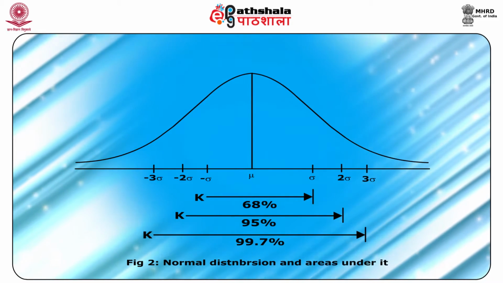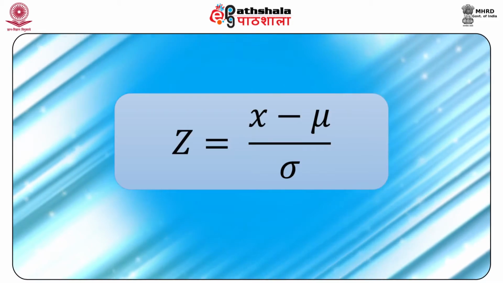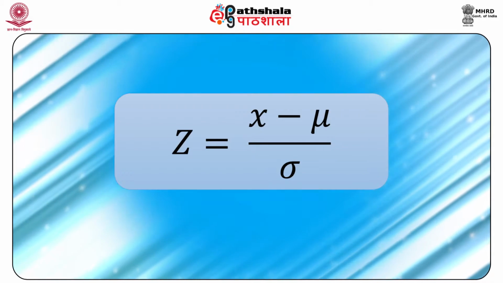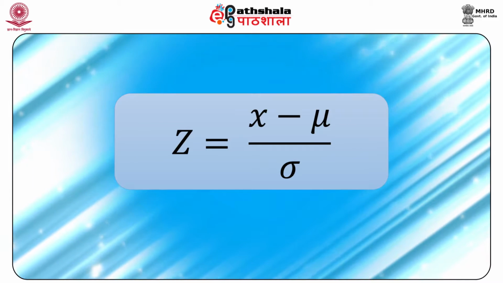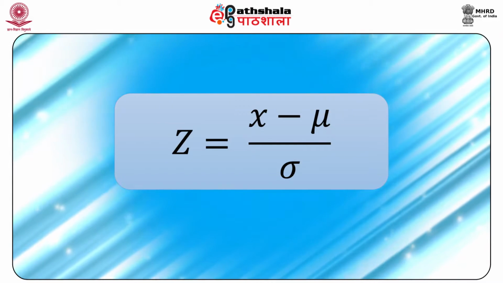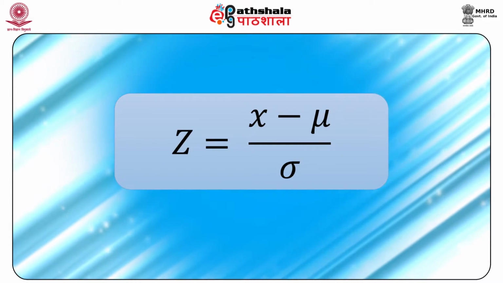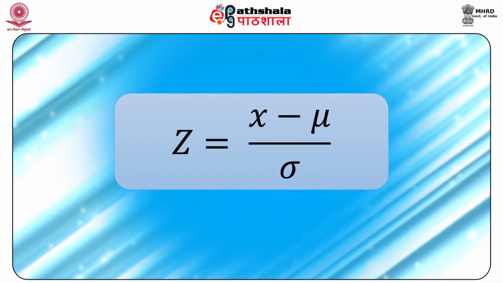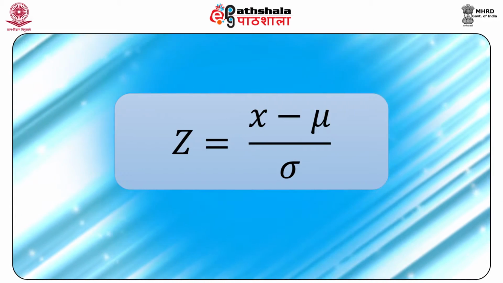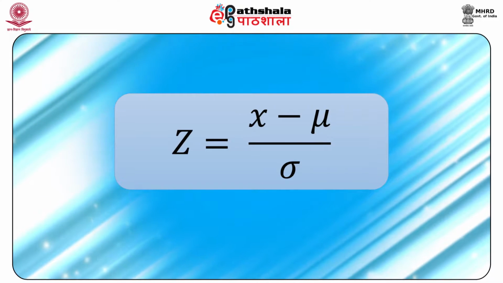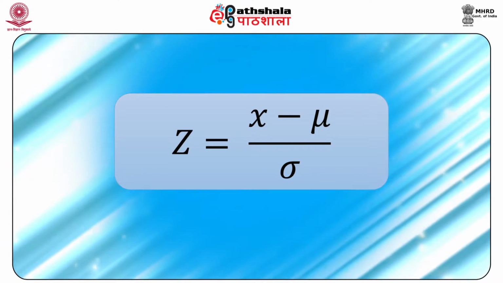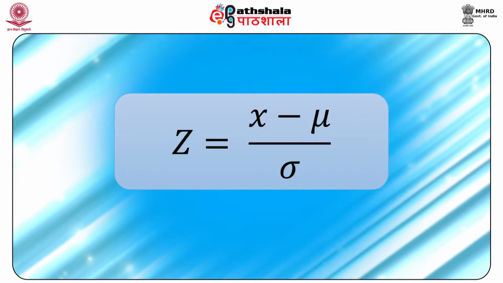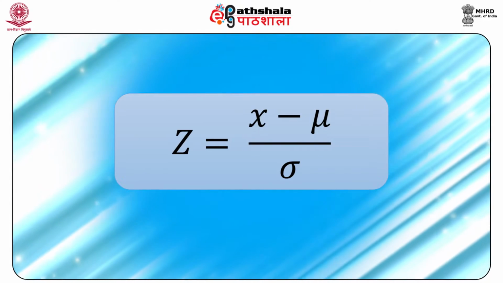Another property which is very important is that we can obtain a standardized normal variable z from a given normally distributed variable x with mean mu and variance sigma square as follows: z is equal to (x minus mu) upon sigma. I'm sure you know we have used it earlier in our module today itself.